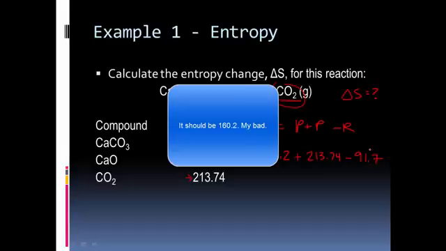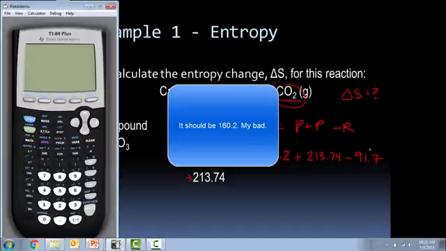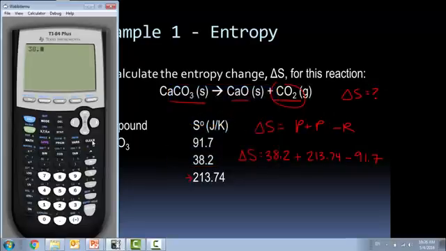So we're just going to grab our calculator and calculate this out. 38.2 plus 213.74 minus 91.7. So this is our answer, 159.5.